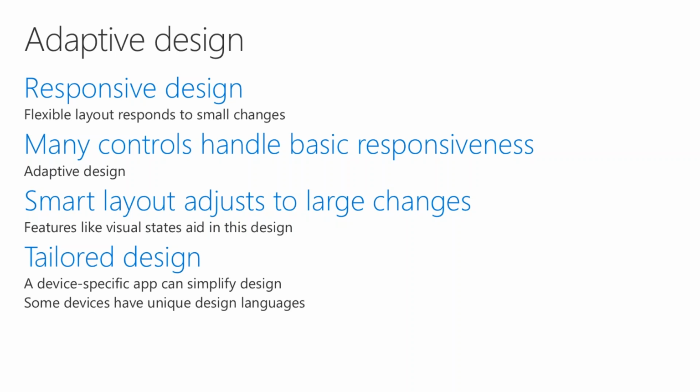So I can write a visual state saying at 720p I want this visual state to be applied, and inside that visual state all I do is set certain dimensions, saying I want this header to be this height, I want the font of this particular text block to be so and so size. So like that I'm setting certain dimensions depending on the screen sizes, and that is made possible using visual states.